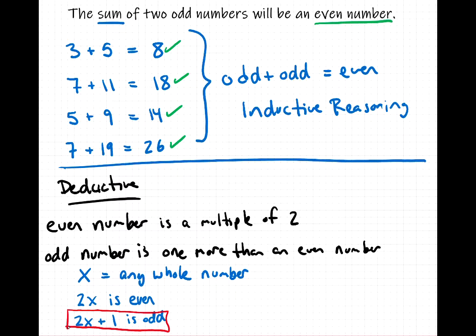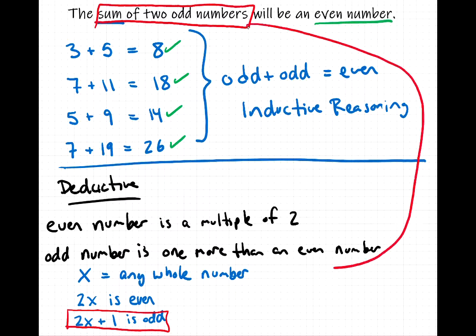All right, so now let's go back to the problem. The sum of two odd numbers. What does that look like? Well, we have two numbers, so instead of just using x, let's use x and y. x and y are any numbers.